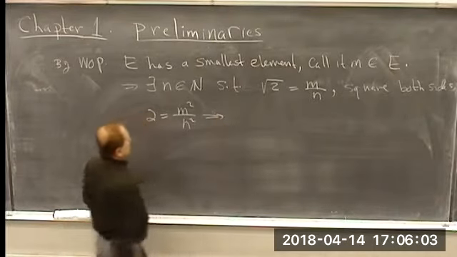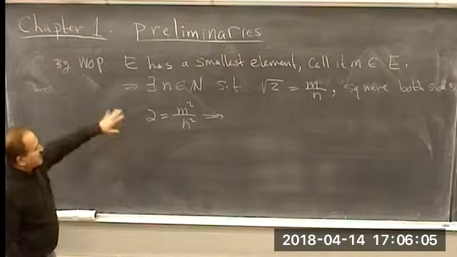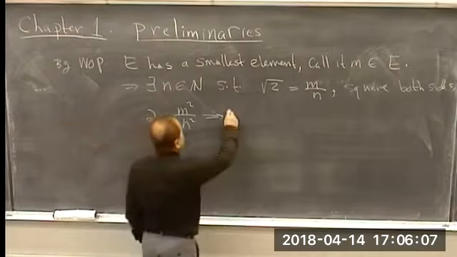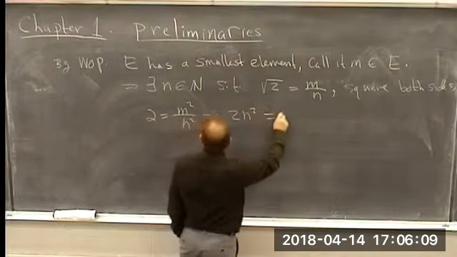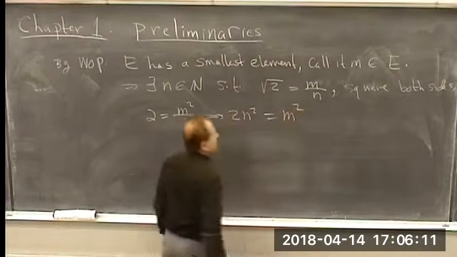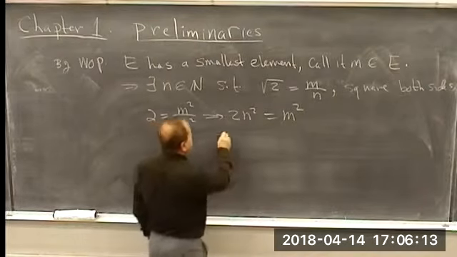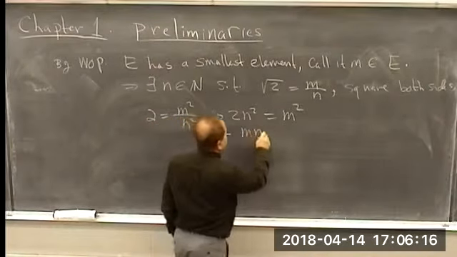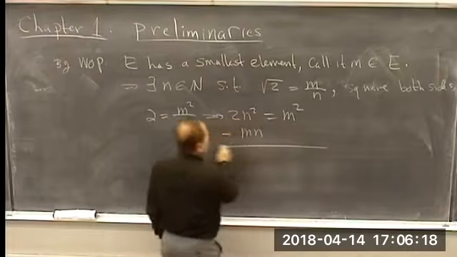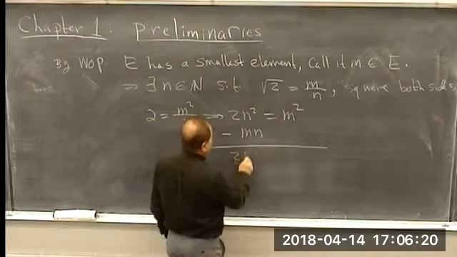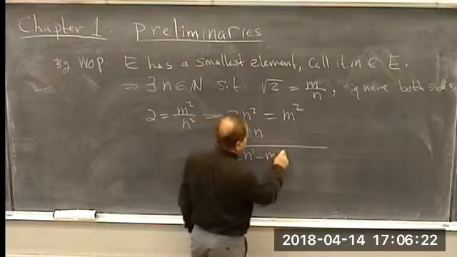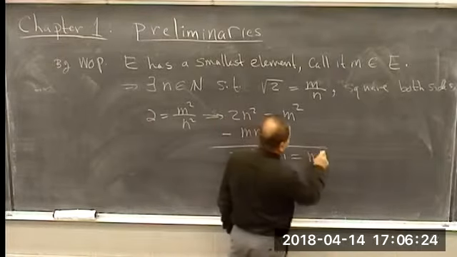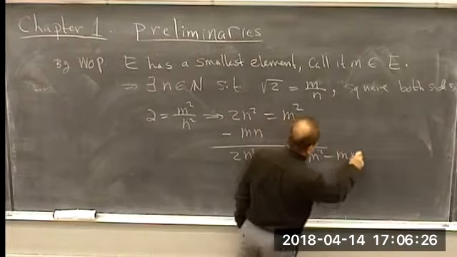I'm going to do basic algebra and cross multiply. This gives me 2n squared equal m squared. And then I'm going to subtract mn from both sides. So we get 2n squared minus mn equal m squared minus mn.